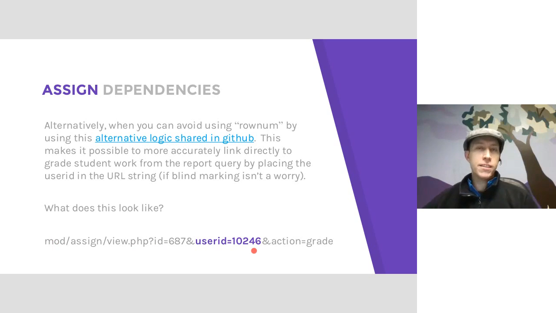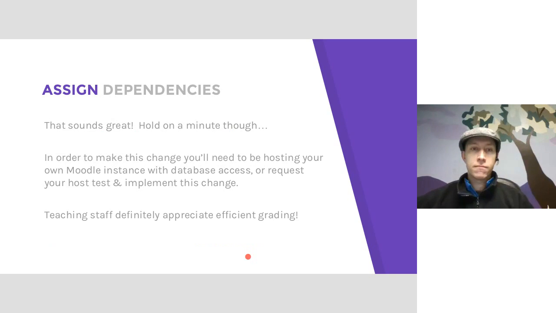I know this presents some issues with blind marking. This is not something that our school is concerned about, but I want to be upfront that I know maybe other schools wouldn't want to use this because of that reason.